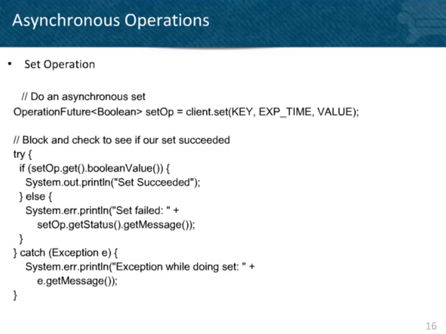A lot of times you can also combine these operations. If you just do a get on the return value, you can be blocking. So you can take an asynchronous operation and turn it synchronous by getting the value, in which case you will block until that operation completes.